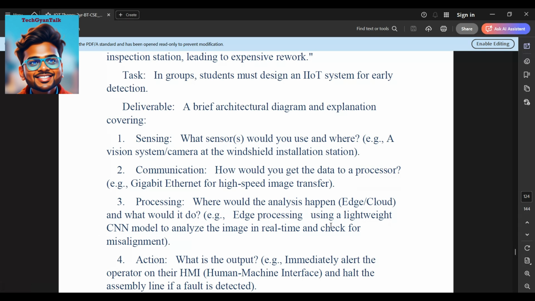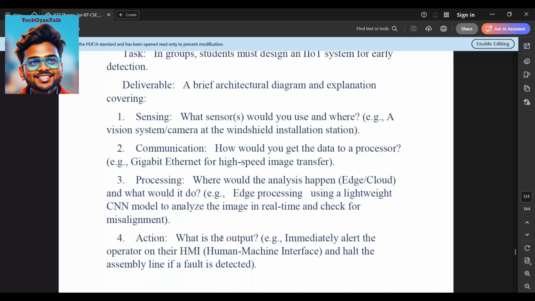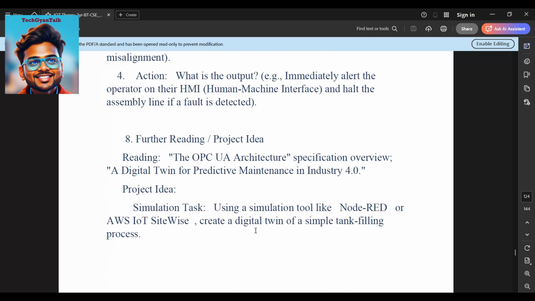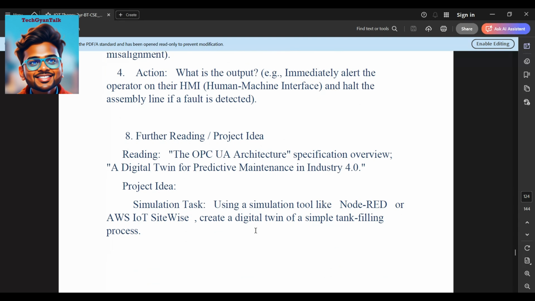Example, edge processing using a lightweight CNN model to analyze the image in real time and check for misalignment. Action: what is the output? Example, immediately alert the operator on their HMI, human machine interface, and halt the assembly line if a fault is detected. And for further reading and project ideas, you can try these things.